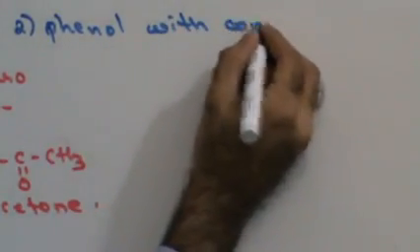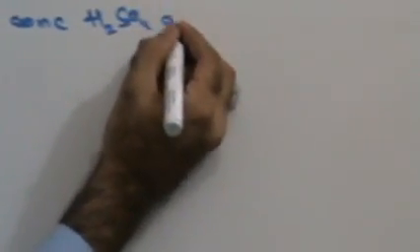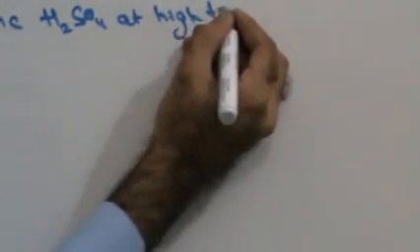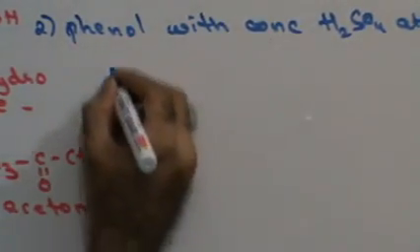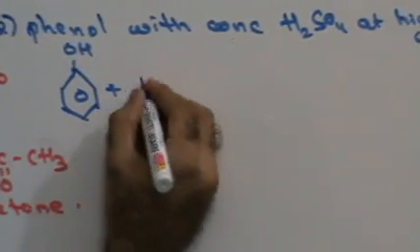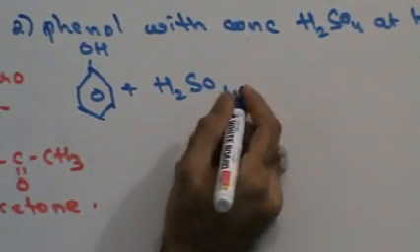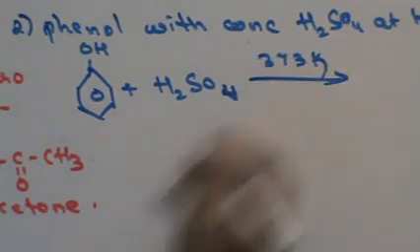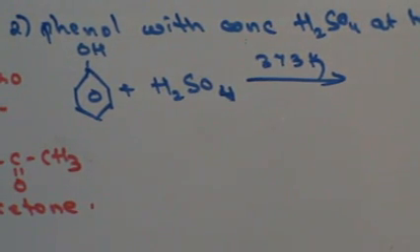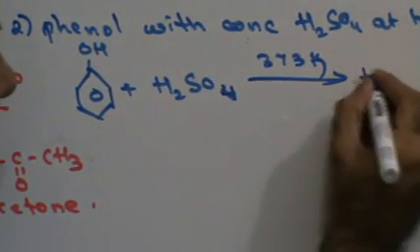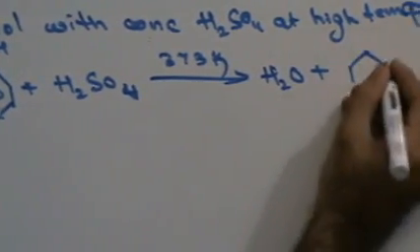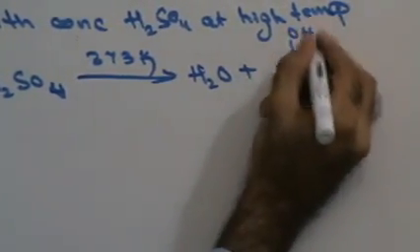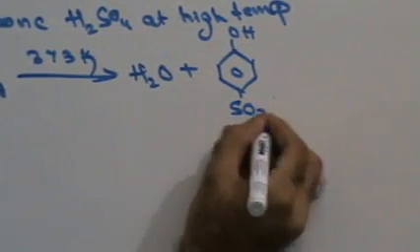Phenol with concentrated sulfuric acid, H2SO4 at high temperature, 373 Kelvin, will give you phenol sulfonic acid and water, dehydration, plus you will get P-phenol sulfonic acid.